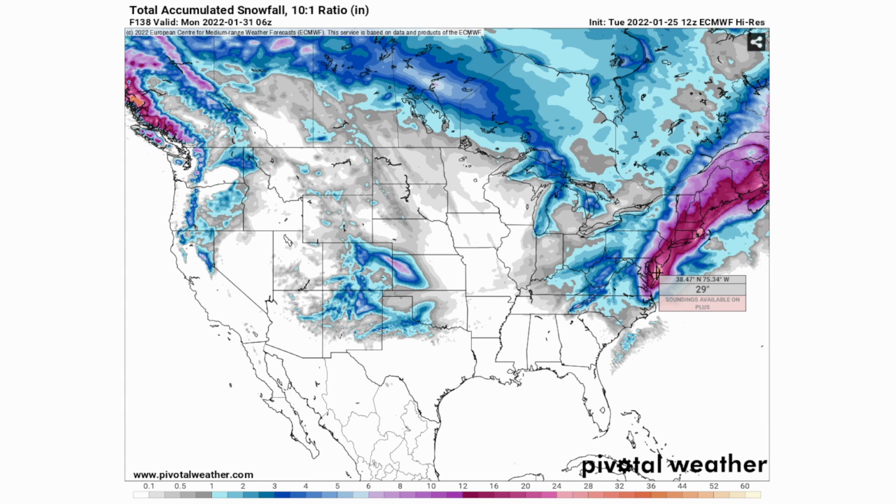More of these tanner colors, near 30 inches of snowfall here. So if this does verify, you could see a lot of snowfall in those localized spots where those tan colors are in Delaware, portions of Maryland, and Massachusetts, which could see up to 30 inches of snowfall if the European model is correct. This is still just under a week out, so this is again going to change.